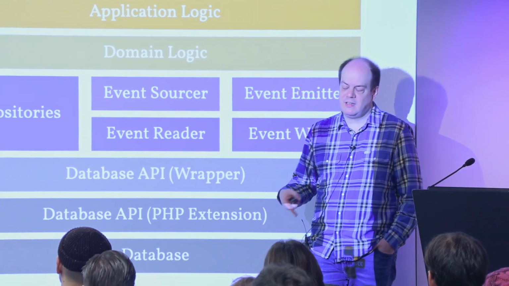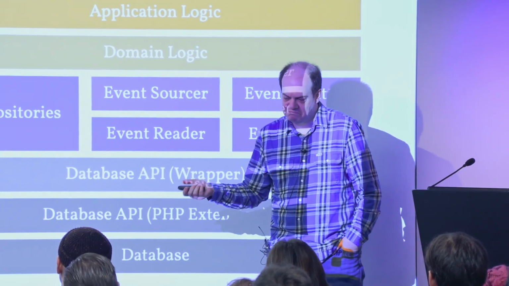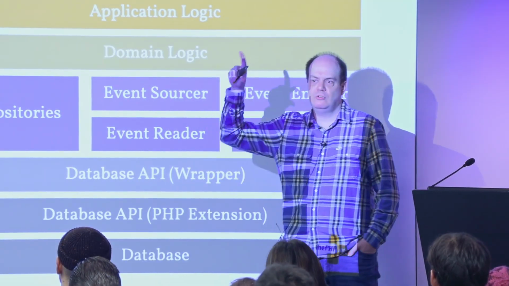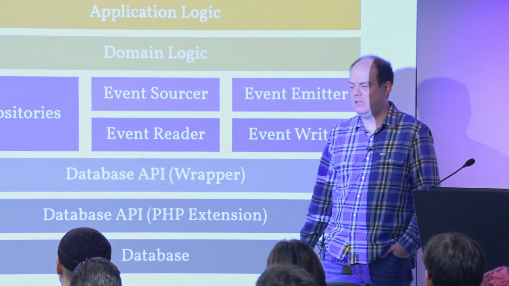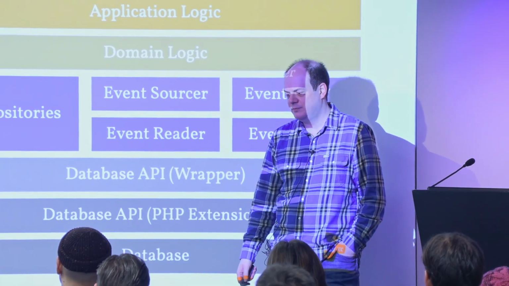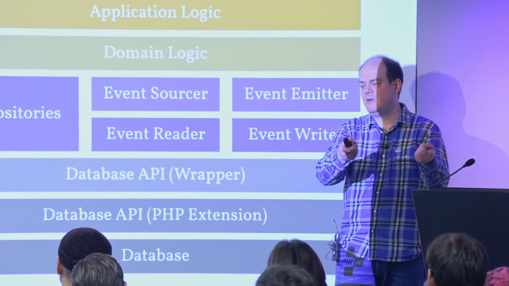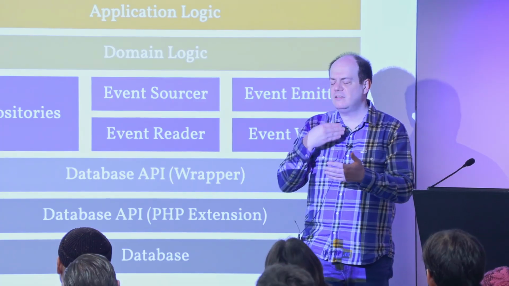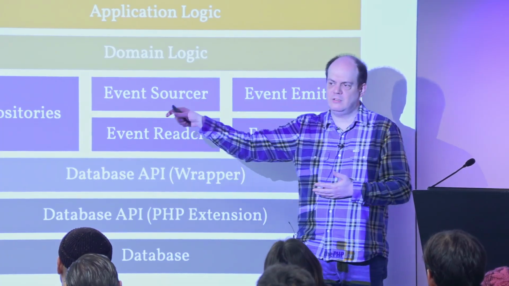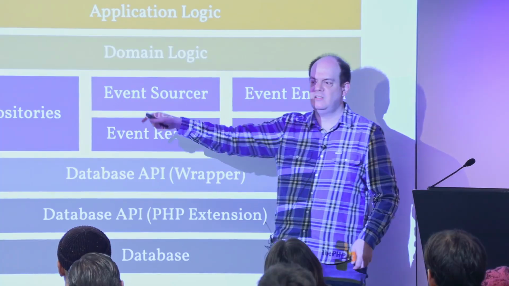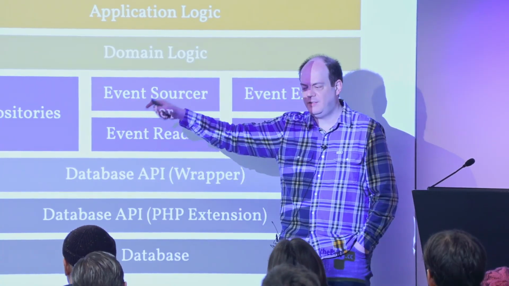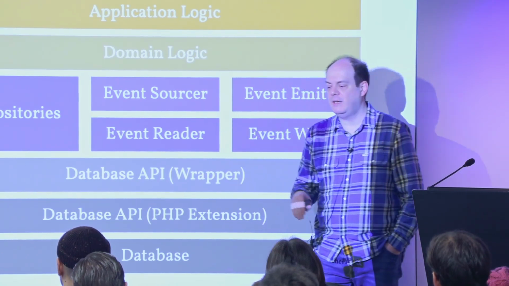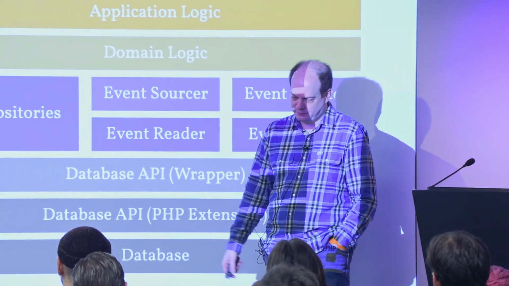I can write unit tests for my repositories. I can write integration tests that test the two topmost layers in conjunction. I can send a request to my application and test, does the application logic select the right domain logic based on the request, and does this domain logic then do the right thing while stubbing or mocking everything beneath it.